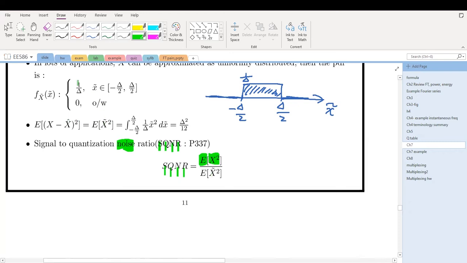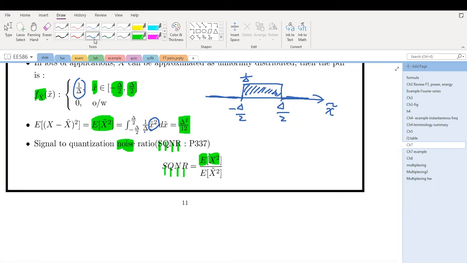We know that x tilde is uniformly distributed in minus half theta to half theta, so we can calculate the expectation of x tilde squared. We integrate from minus half theta to half theta the integrand x tilde squared multiplied by the PDF 1 over theta. The integral equals theta squared divided by 12. And we can plug this in here, which equals the expectation of x squared divided by theta squared divided by 12.